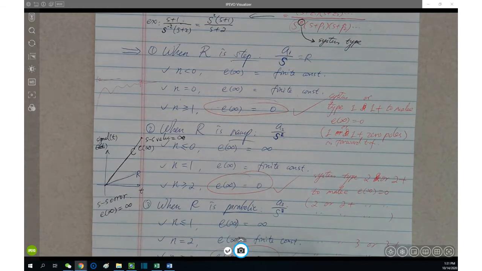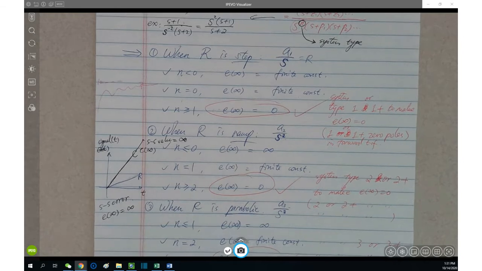Any questions? Yeah, real quick. For the ramp, does it look like the sinusoid you have for 1, but centered along that line? Which signal are you talking about, input or output?